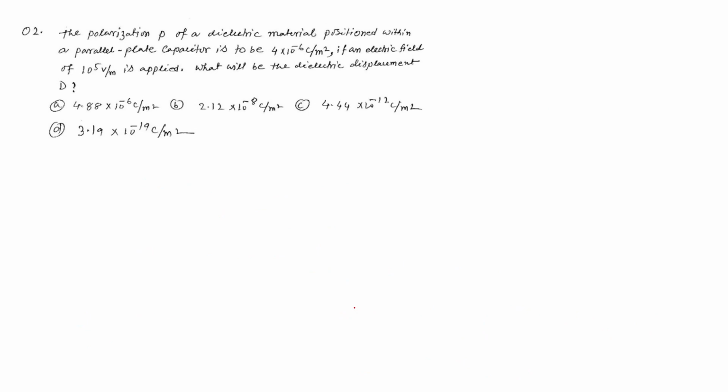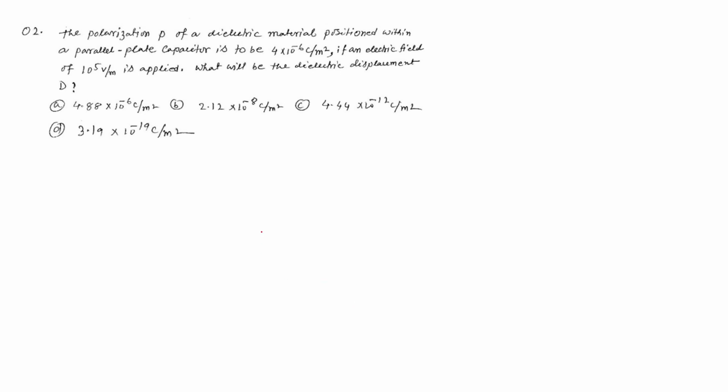The second problem: the polarization P of a dielectric material positioned within the parallel plate capacitor is found to be 4 × 10^-6 C/m². If an electric field of 10^5 V/m is applied, what will be the dielectric displacement D?